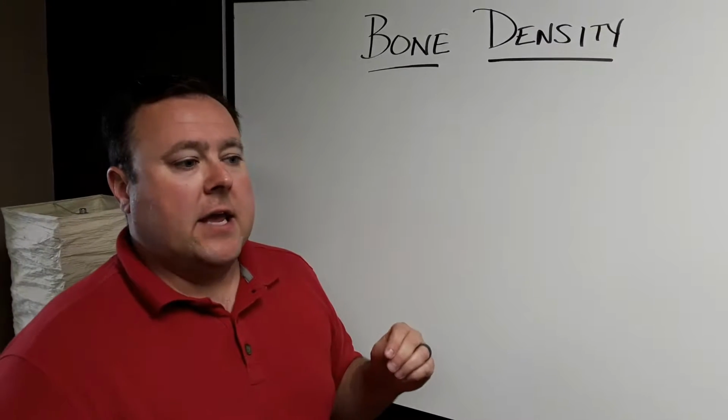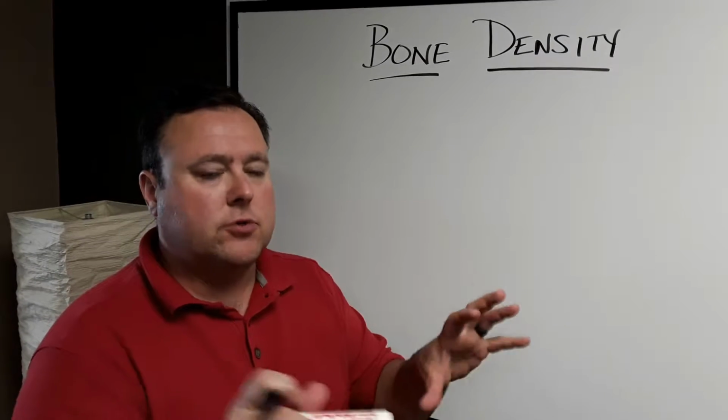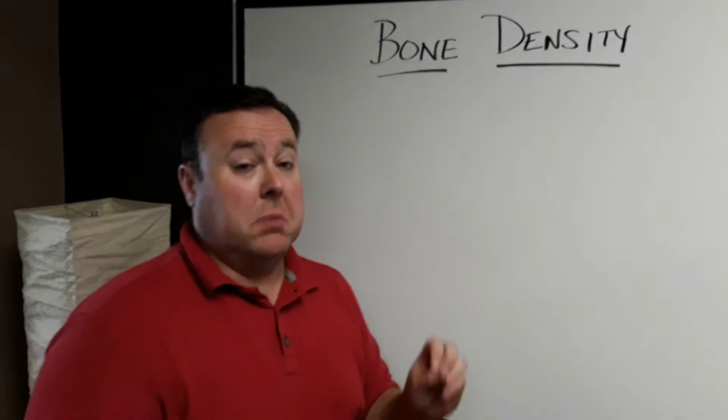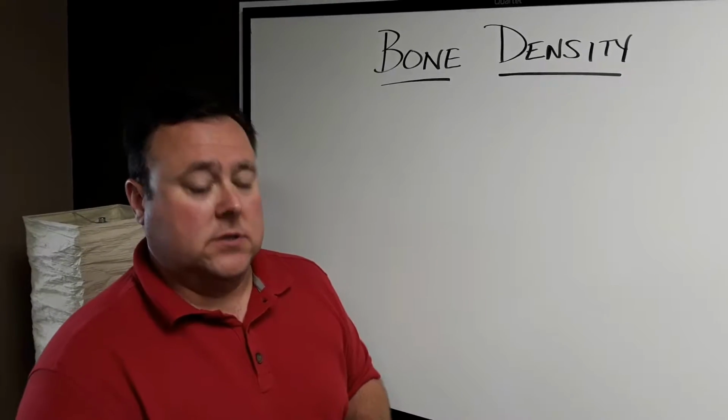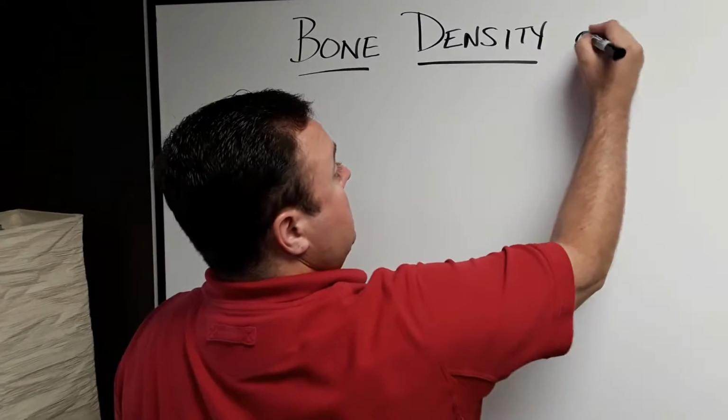In forming those bones, there are two classes, basically. There are some others too, but the two main classes of cells that are responsible for maintaining the health of your bones are osteoblasts and osteoclasts. I'm going to write that up here real quick. I'm going to write osteoporosis up here first.